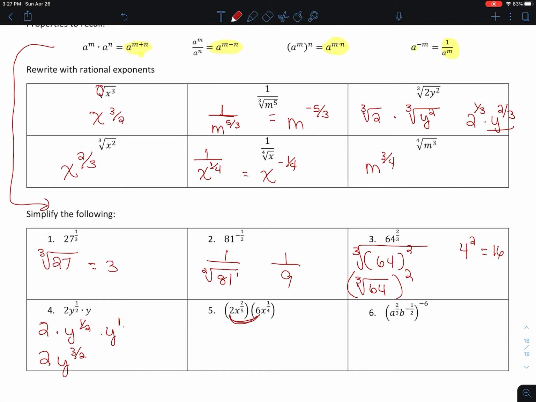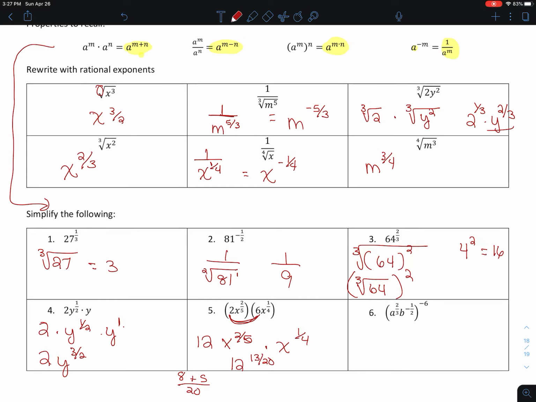Okay? The same thing with this one. We're going to start by multiplying the coefficients to get 12. And then it's x to the 2/5 times x to the 1/4. And I'd have to add those two together, which gives me, let me see if I can do that in my head, 8 plus 5 over 20, 13 over 20.